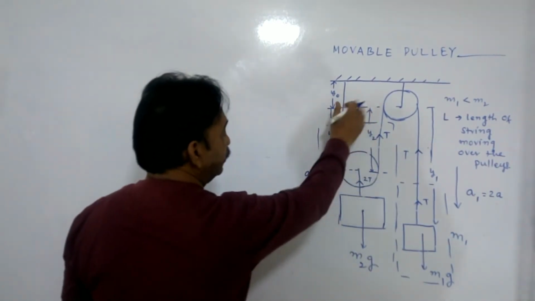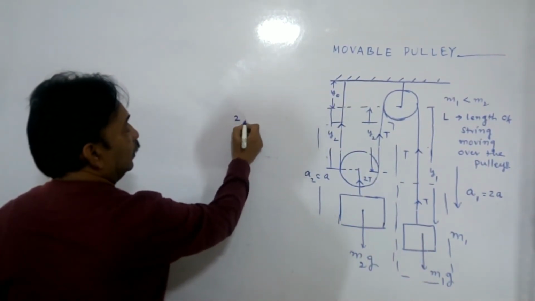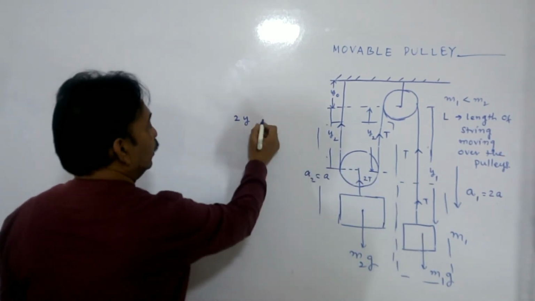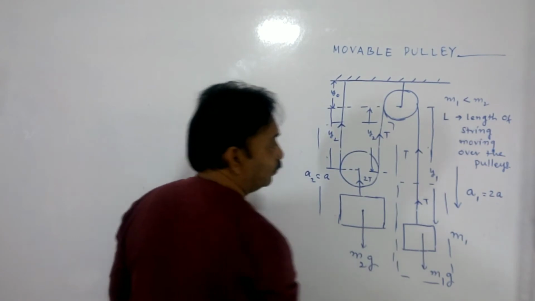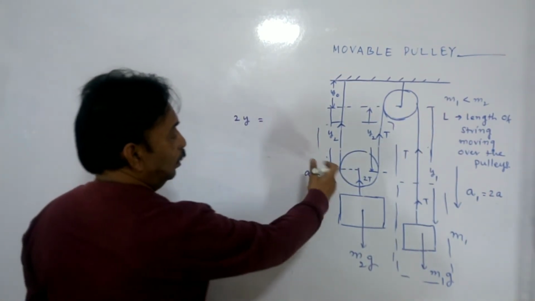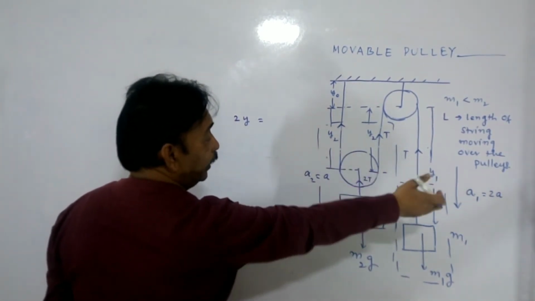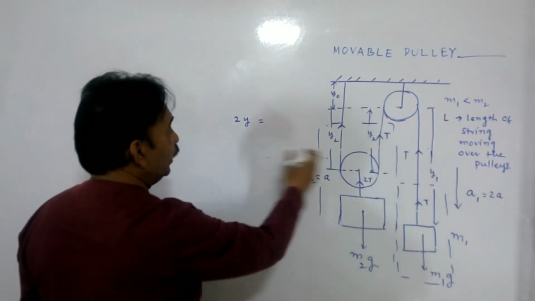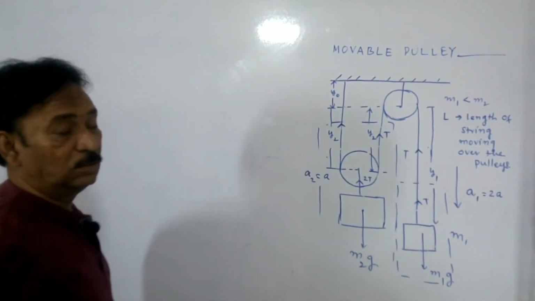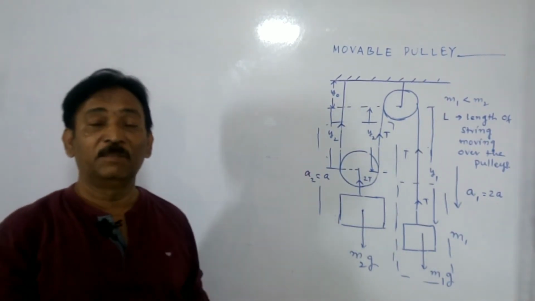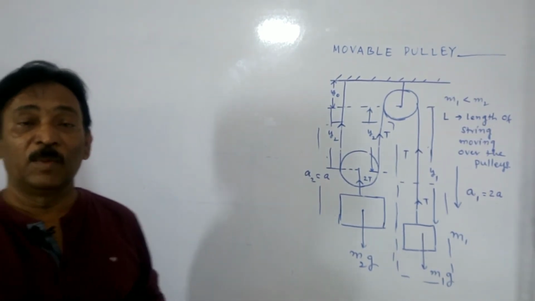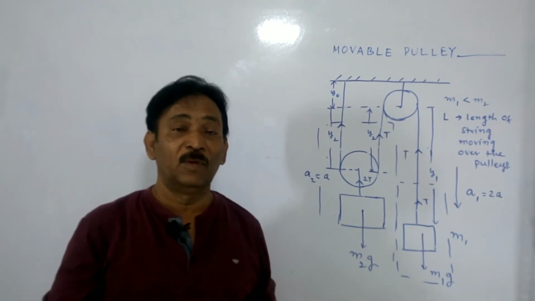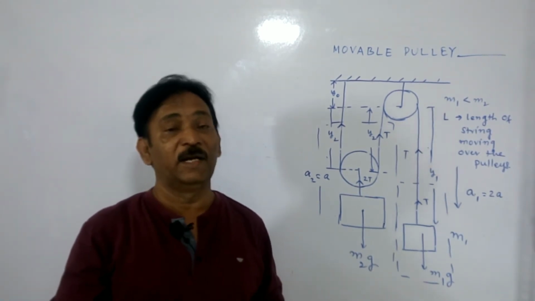That means if it rises to a distance of y, then the increment would be 2y in this one. Here the increment is twice of that. That's why we get 2 times of acceleration all the time. Directly you can do that. By practicing the problems, you can understand this thing in a right way.